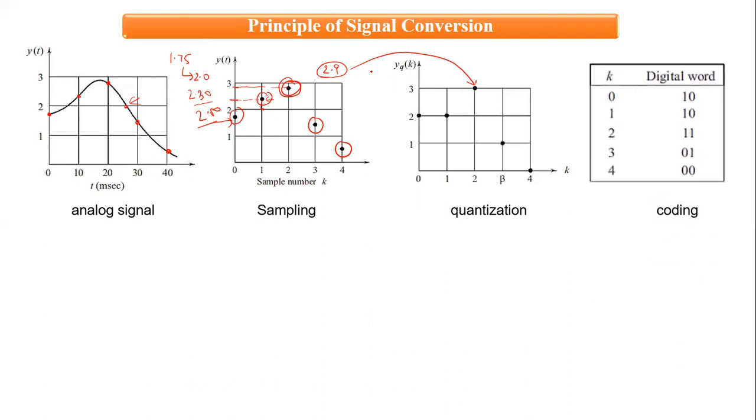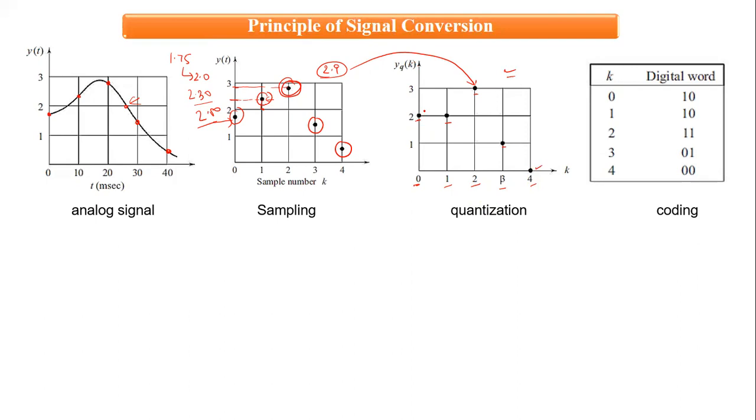And then the final step or final work of an A to D converter is to assign a binary code to every sample. Now, in this quantized diagram, the amplitude of the zeroth sample is 2, the first sample is 2, the second sample is 3, then this sample is 1, and the fourth sample is 0.